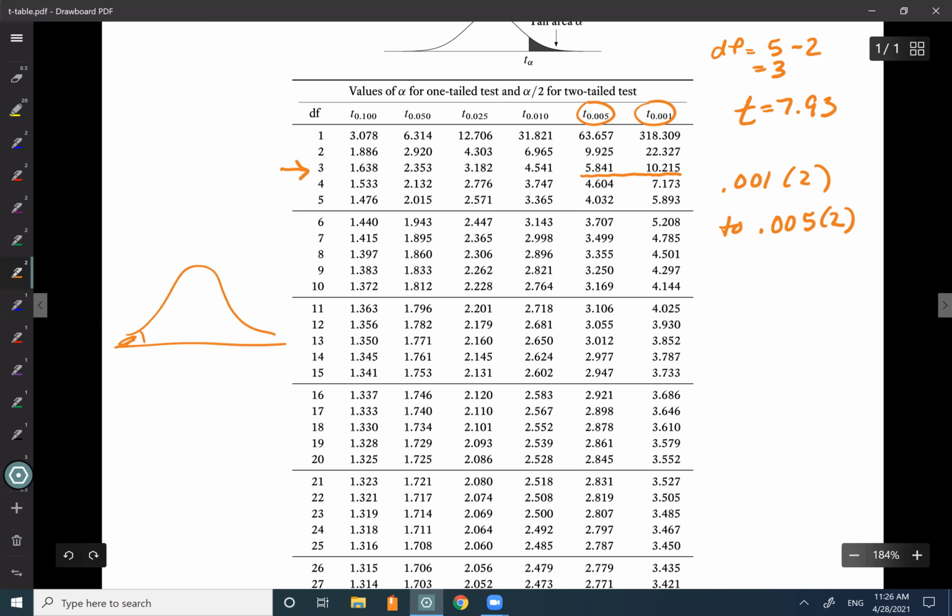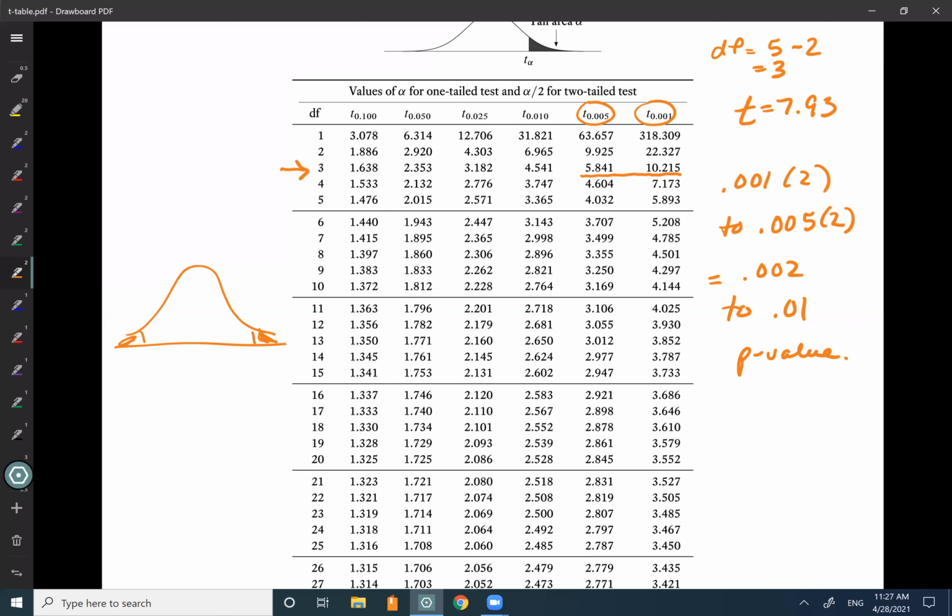Because it's a two-sided test, we want to know the area under the curve for each side. All right, and that ends up equaling 0.002 to 0.005 times 2 is going to give us 0.01. And that is our range for our p-value, our two-sided test p-value.